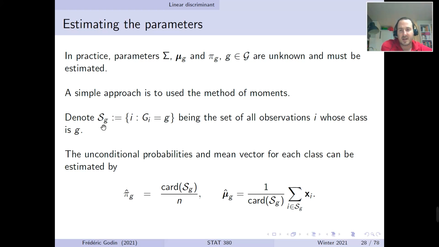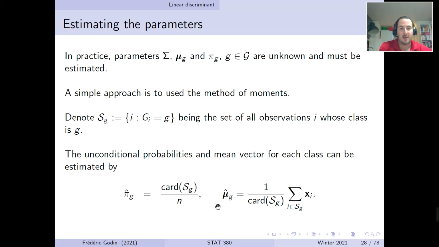Let's denote by S g the set of all observations for which the class is g. For example, S blue would be the set of all blue observations, and S orange would be the set of all orange observations in the previous example. The unconditional probability of being in class g we can estimate as the total number of observations from class g in the data divided by the total number of observations, so simply the proportion of observations from class g in the data.